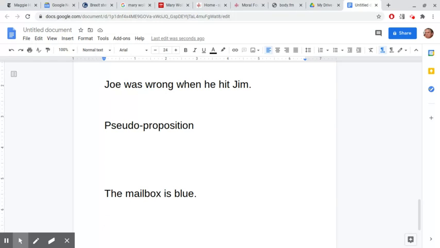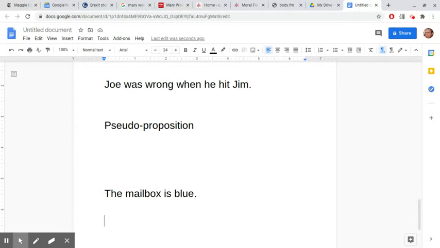It's meaningless. It's not that Joe wasn't wrong when he hit Jim. It's just that wrongness is not a quality of anything in the world that you can point to and verify, like being blue or being made out of wood or metal, or being 7 feet tall. Those are all things that are real characteristics of things of the world, but wrongness or rightness, no.